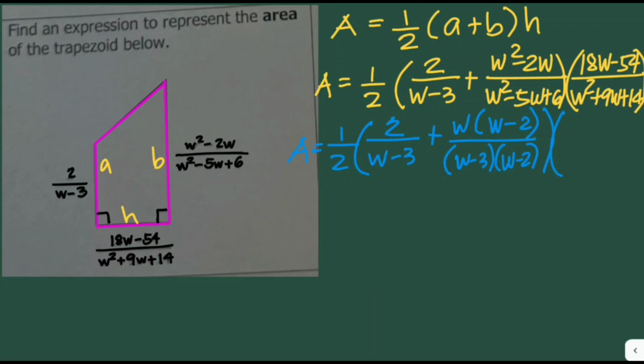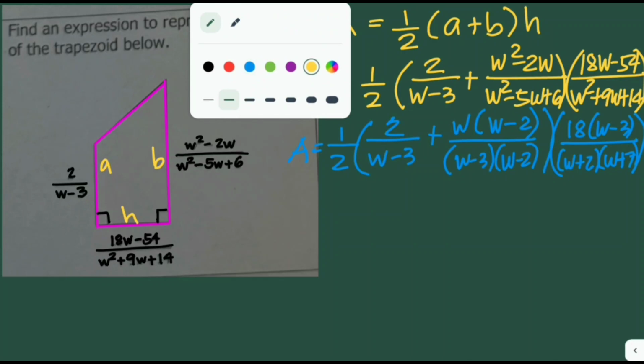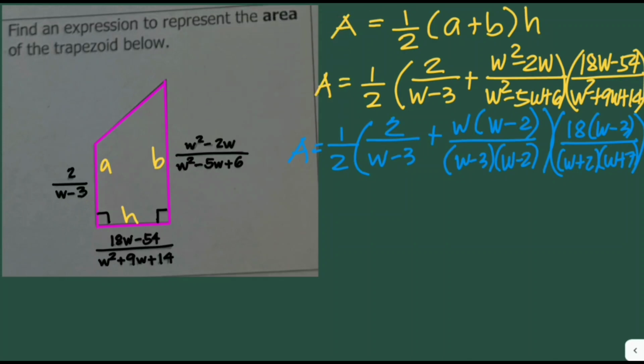And times 18w minus 54, we can factor out 18, so 18 times w minus 3 over w squared plus 9w plus 14, which can be factored as w plus 2 times w plus 7. Then we simplify that first.